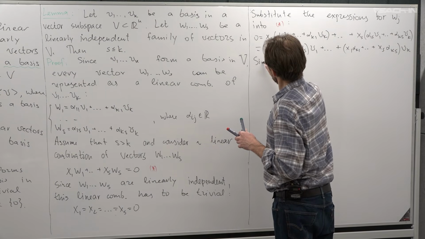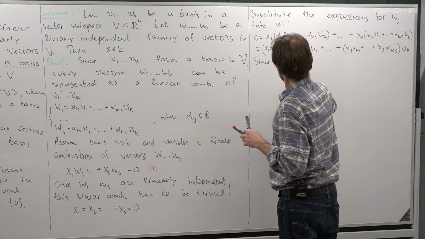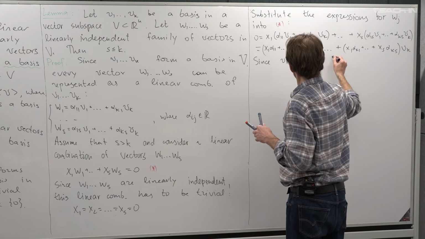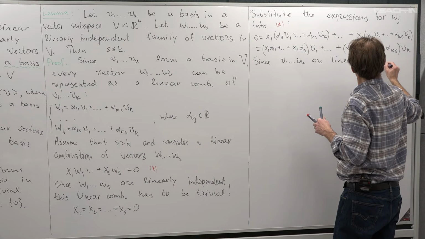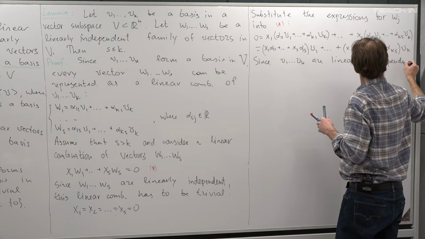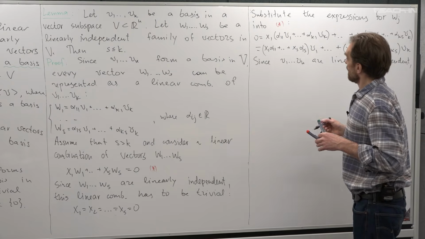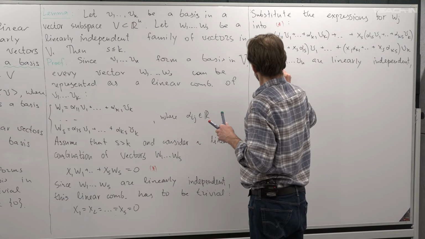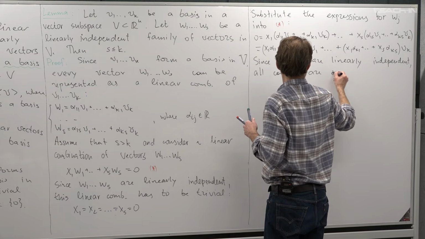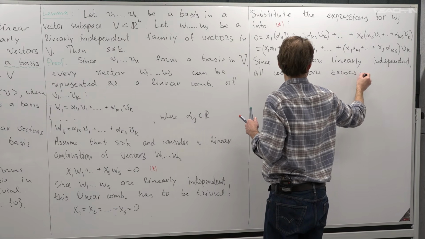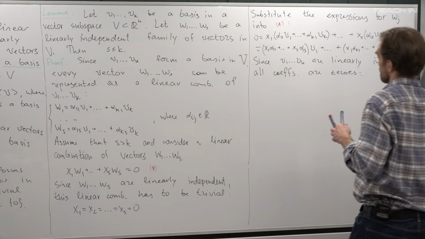So since v1, etc., vk are linearly independent, all coefficients are zeros. So we get a system of linear equations.